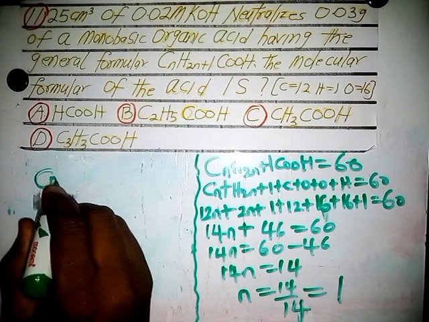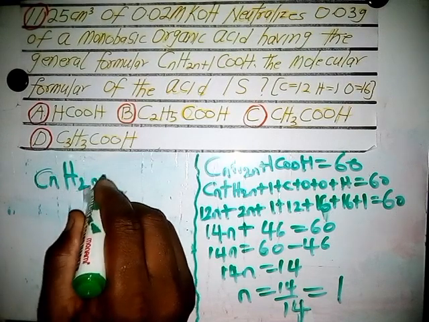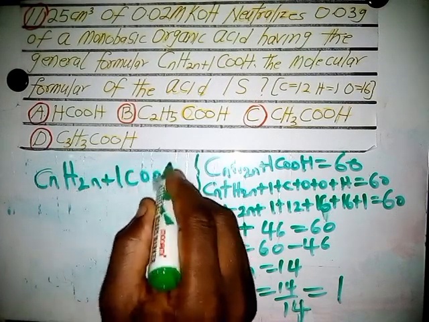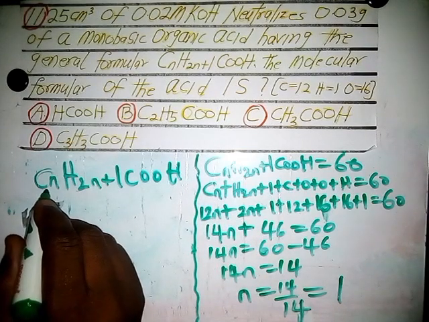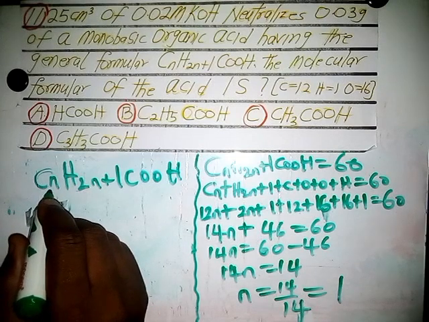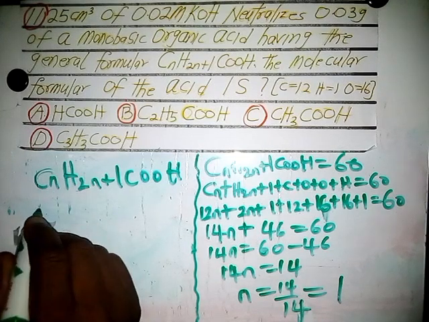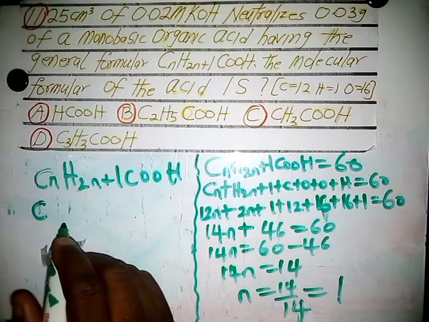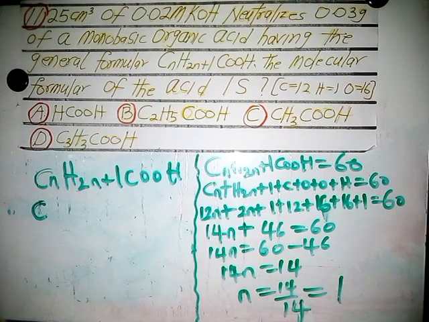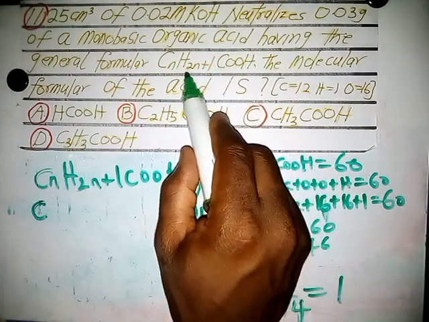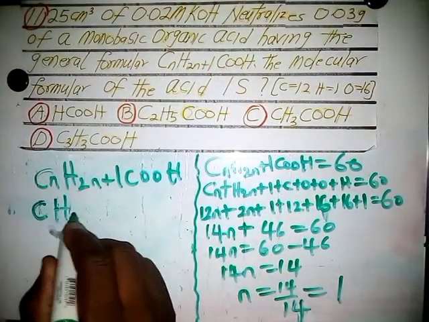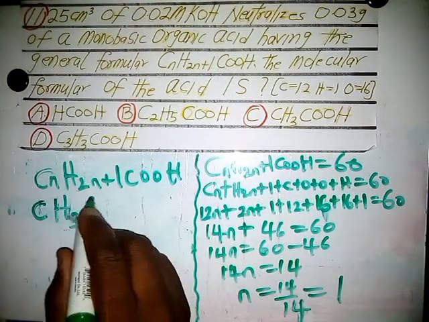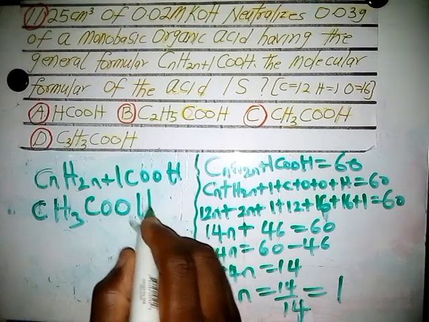So this is CnH2n+1COOH. I put n here. This is like saying C1, but we don't put C1, we just put C. So this will be C, H, 2 times 1 plus 1 is 3, CH3, then COOH.